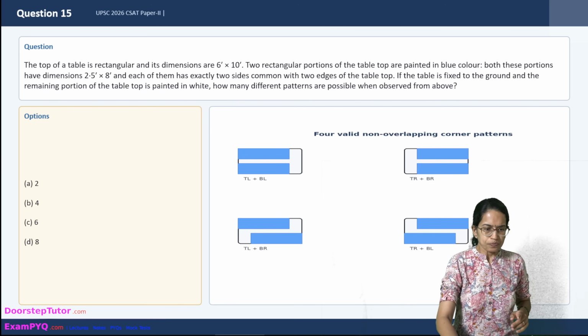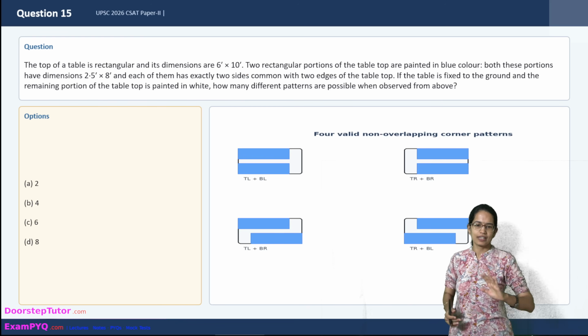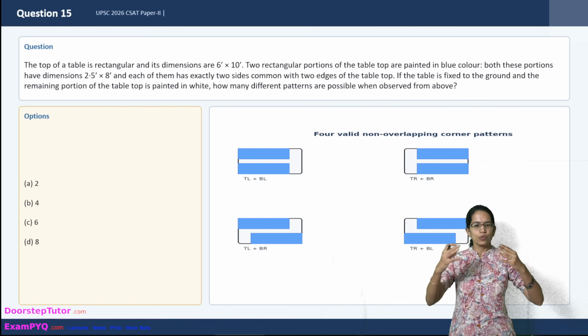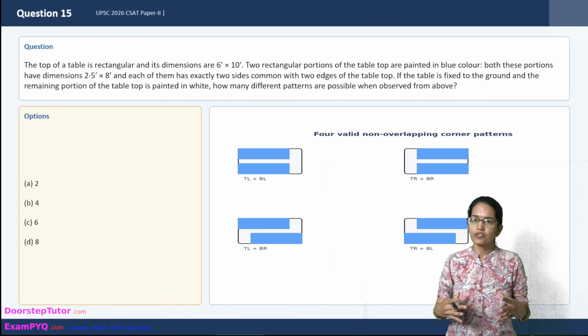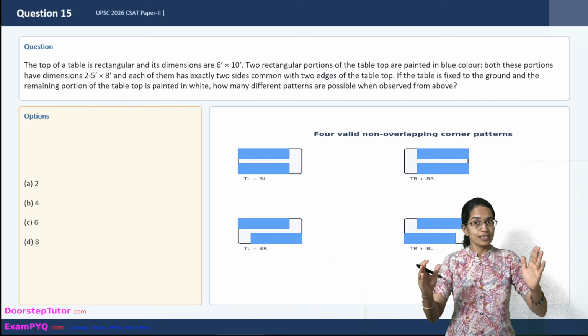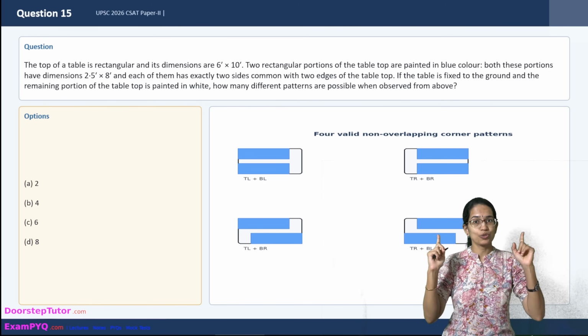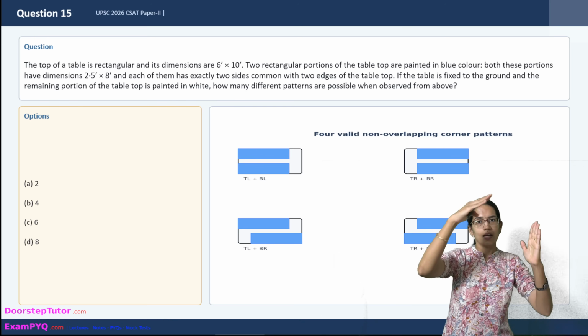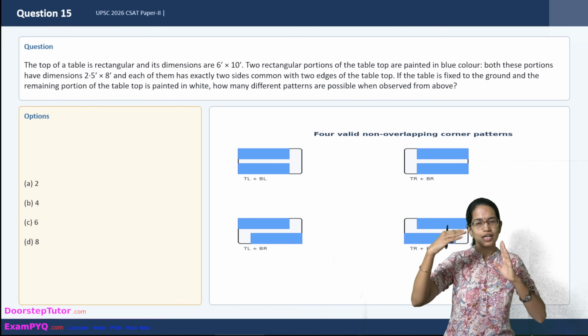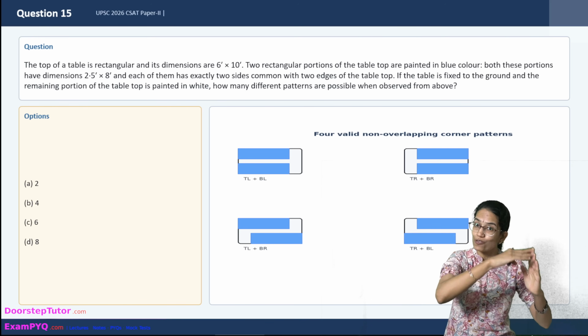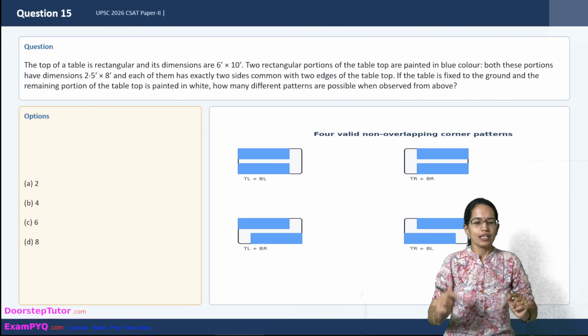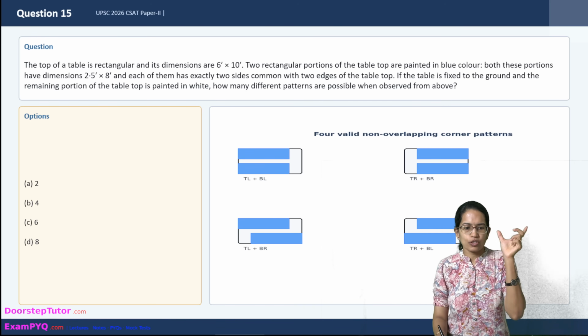As simple. The next question, this is a very interesting problem. There are two pieces of rectangular blocks which are painted blue. The condition is that they should touch two sides. So when they touch two sides, that means they should always be on the corner, right? Now I'll take the bigger piece of 8-inch dimension.